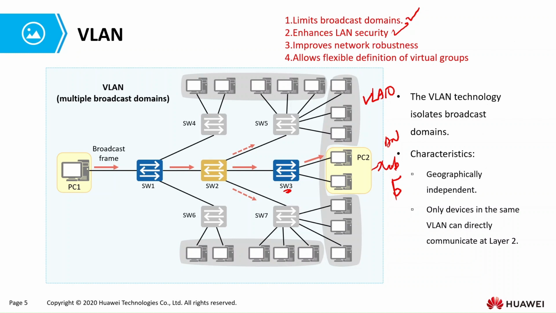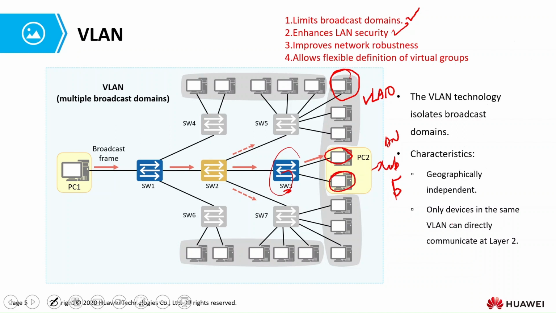So actually it results in isolation, and also increases the LAN security. It also improves the network robustness, because bandwidth consumption is largely reduced, and also the consumption on your switch.